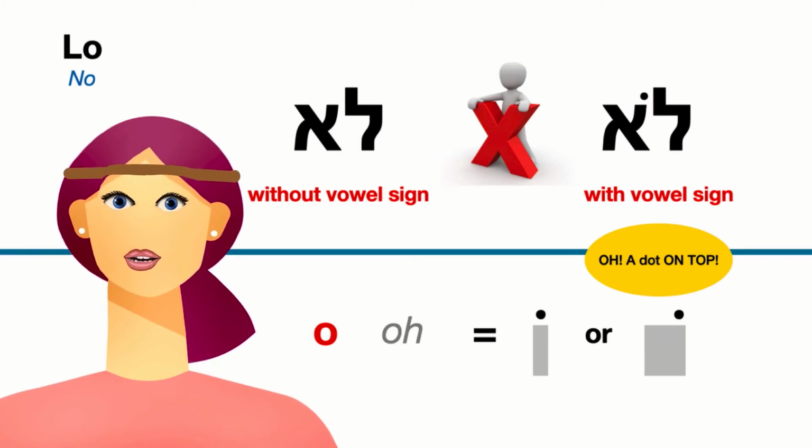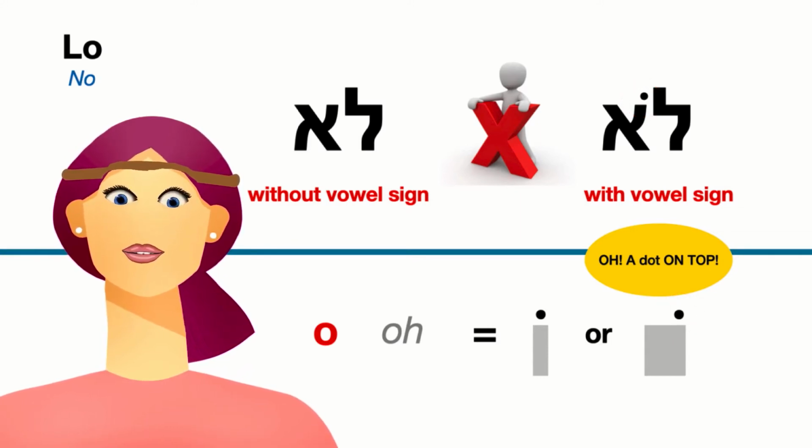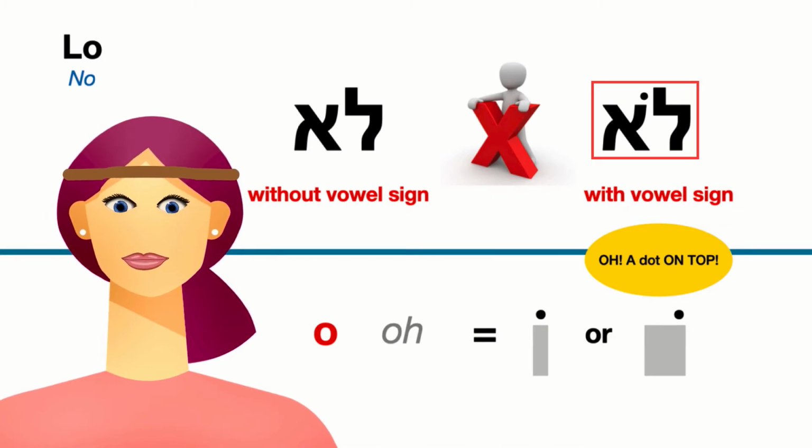Remember, aleph is a silent letter. The nikud sign that tells us to pronounce it as an O is the dot on top of the aleph. So, an L, followed by an O sound, forms the word lo.